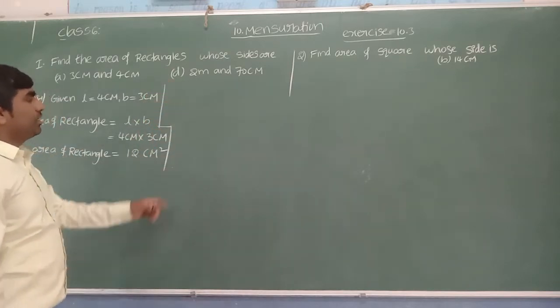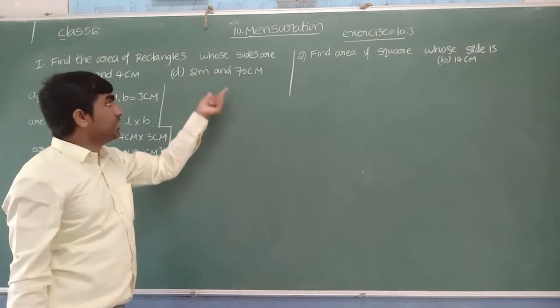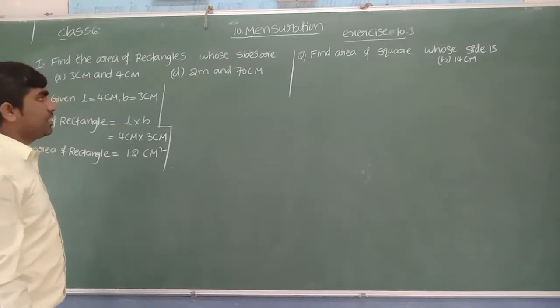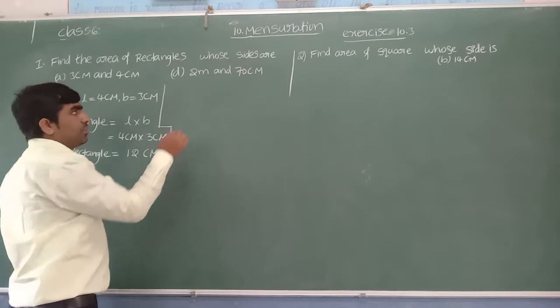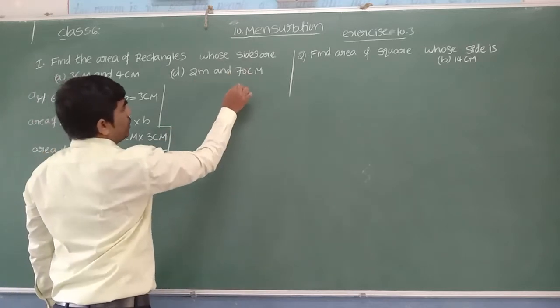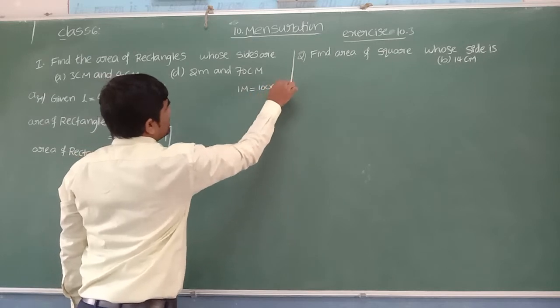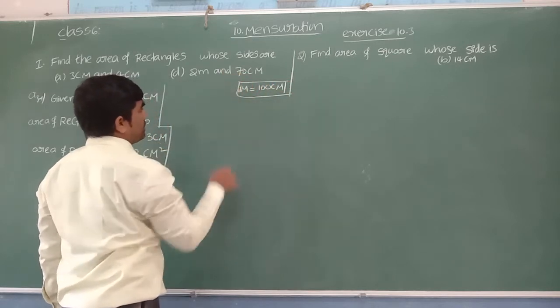Now let us see one more. Length 2 meters, breadth 70 centimeters. First of all, both are different units. Let us convert both into the same units. Let us convert both in terms of centimeter. So what is the relation between these two? We know that 1 meter is equal to how much? 100 centimeters. 1 meter is equal to 100 centimeters.